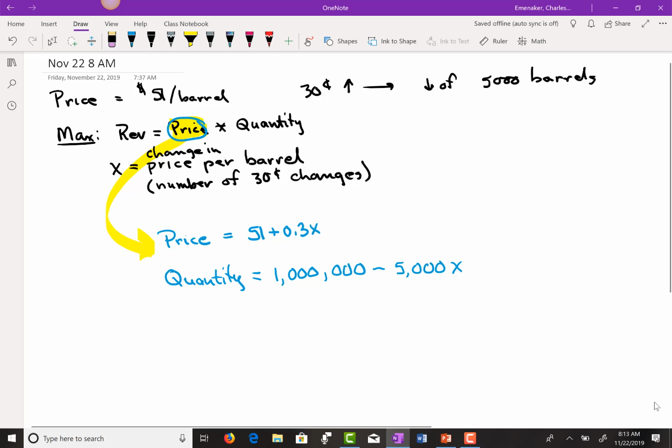Okay, so we've got our price written as an equation, our quantity, number sold, written as an equation. So what's going to happen next is we can write down our revenue equation. It's going to be this 51 plus 0.3x times 1,000,000 minus 5,000x.